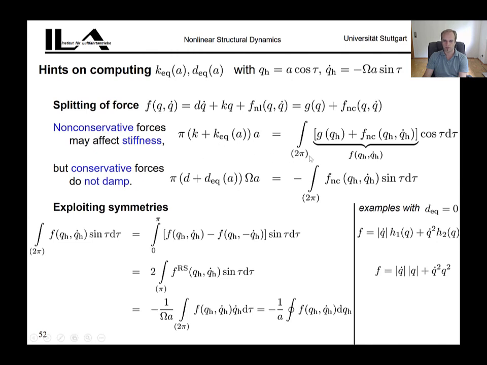The splitting is interesting: non-conservative forces can actually affect the stiffness, but conservative forces do not damp. That's a general rule that you can follow, and you can exploit some symmetries as shown here. Here are some examples where the equivalent damping, for instance, is 0, and you can already see this from the symmetries in the form that we have here.